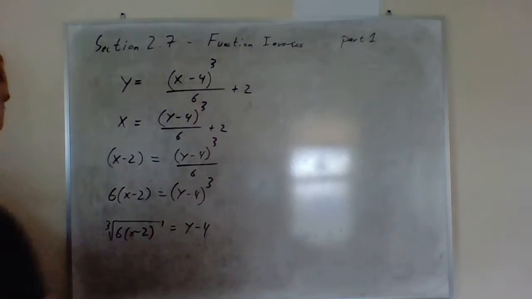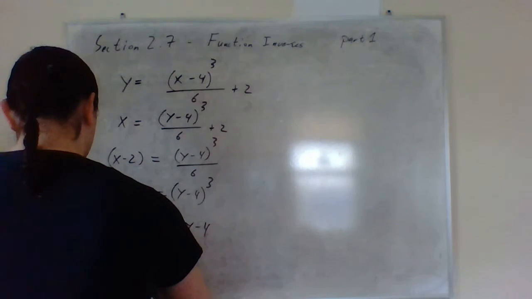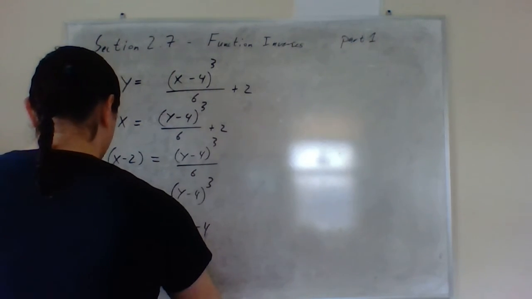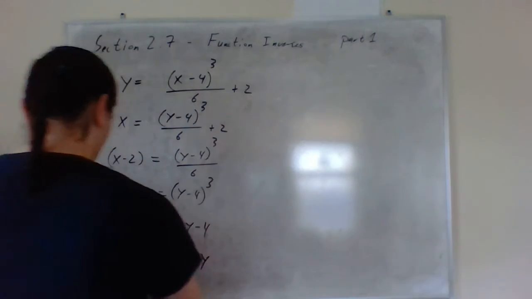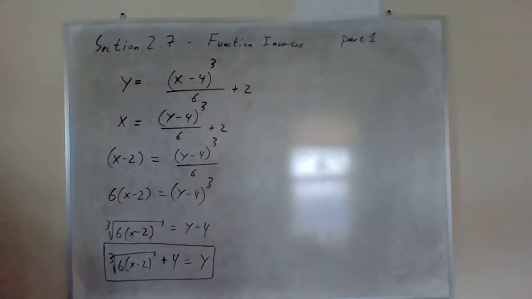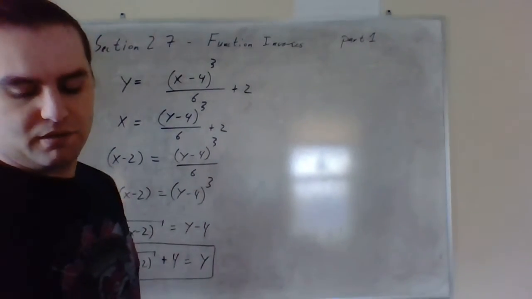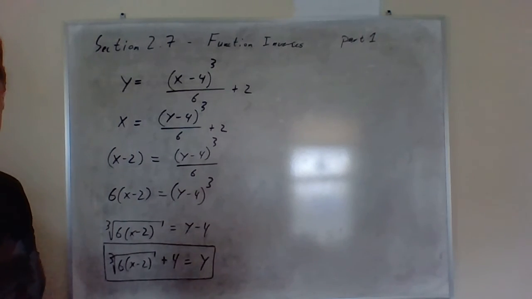And then I would add 4. So the cube root of 6 times the quantity x minus 2, plus 4, equals y. And this is the inverse. I'm not going to check this one, just in the interest of time.